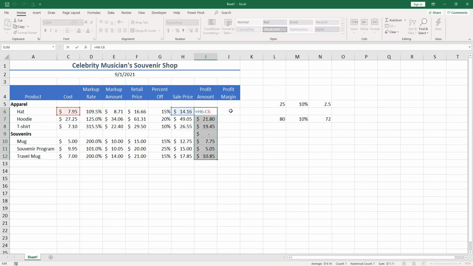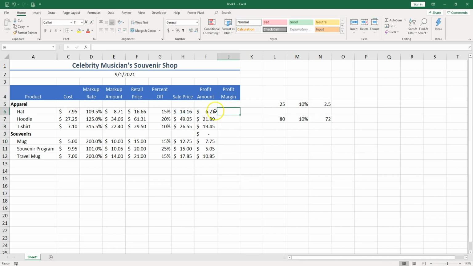Now the profit margin would basically be what is the profit amount out of the sale price. So how much money are they making? What is that as a percent of what the customer is paying? Okay, so equal sign, and that's the profit amount, and the division sign, do you remember? It would be the forward slash, and then you divide that by the sale price.